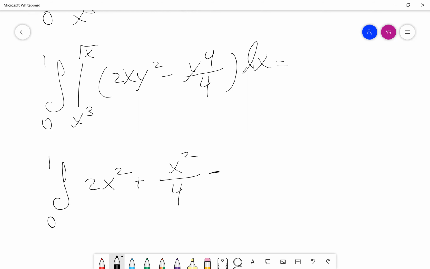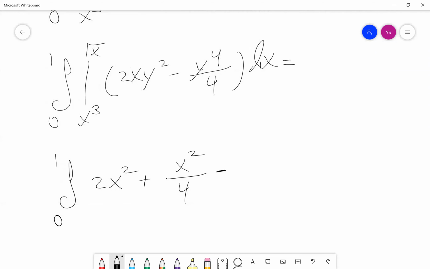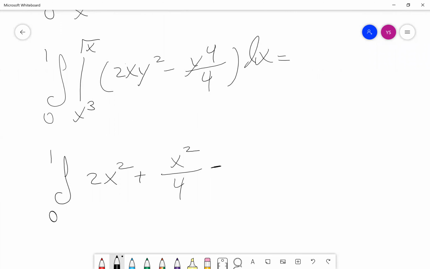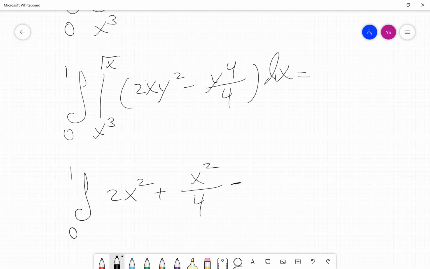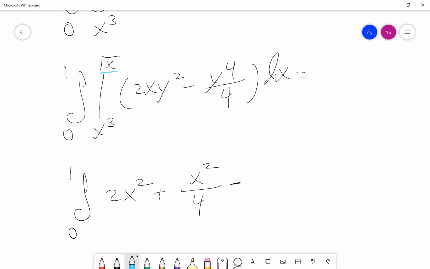The square root of x comes first. What do you mean? You're putting this first into here and then subtracting this. Does that help?